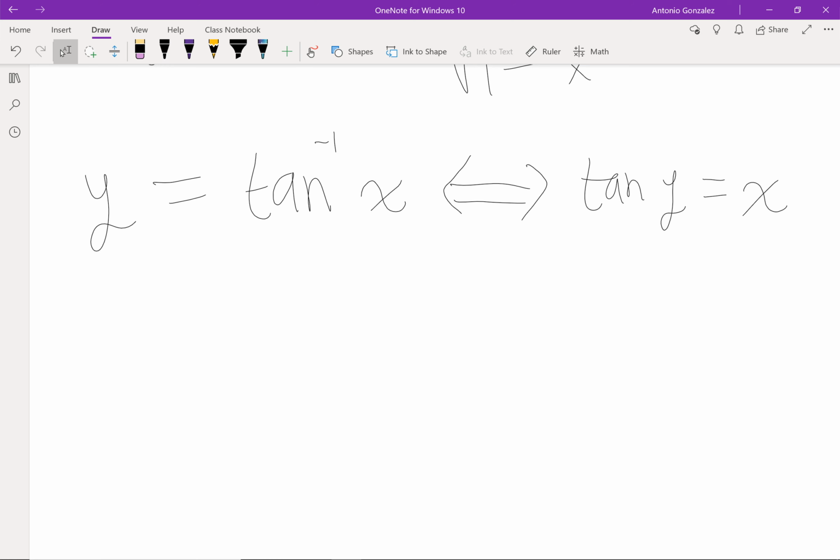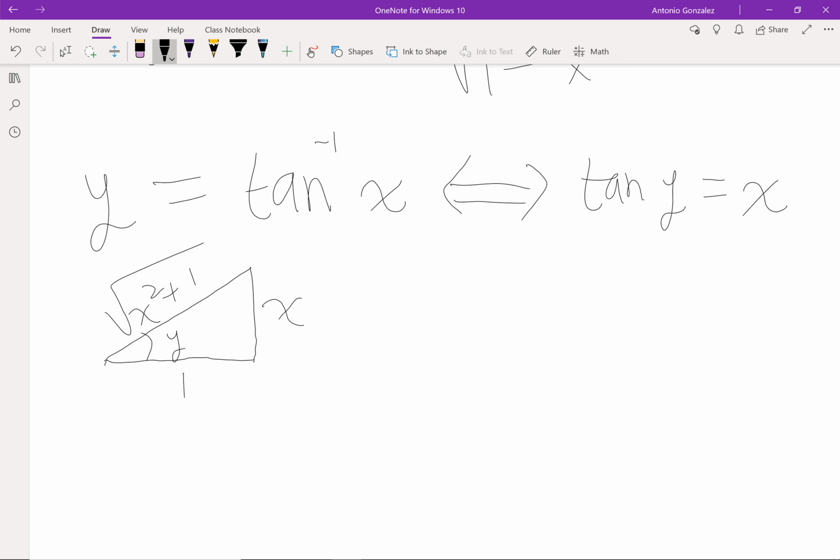So here, let's set up our triangle with angle y. Tangent is opposite over adjacent, which means the opposite is x and the adjacent is 1.